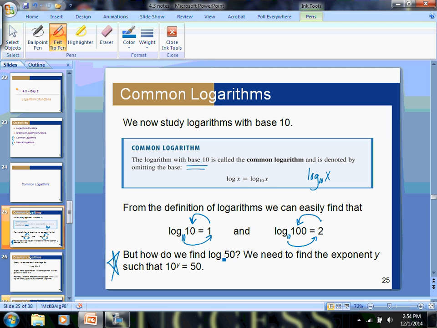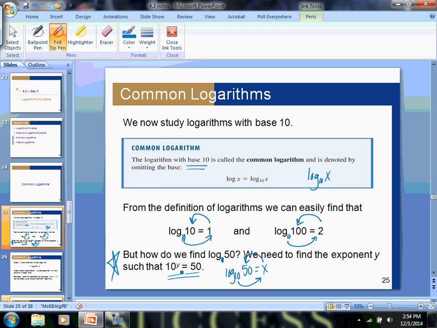Okay, so if we put the little 10 in there for the base and set it equal to x, we'd have log base 10 of 50 equals something if we're trying to evaluate it. So you'd have 10 to some power equals 50. That's what they have written here.